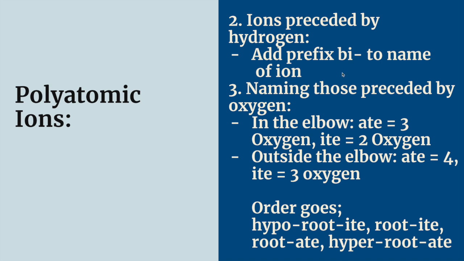And the charges change because it has a different chemical makeup, but you add this prefix. But the more hydrogens are added, you add the prefix like di or tri, and you keep moving up as more hydrogens are added.